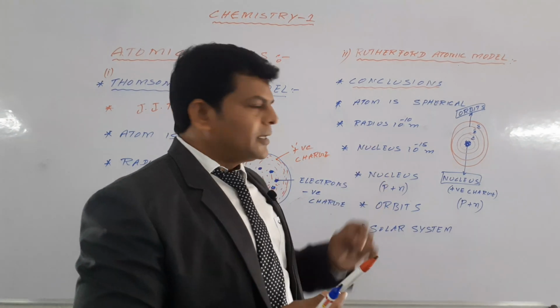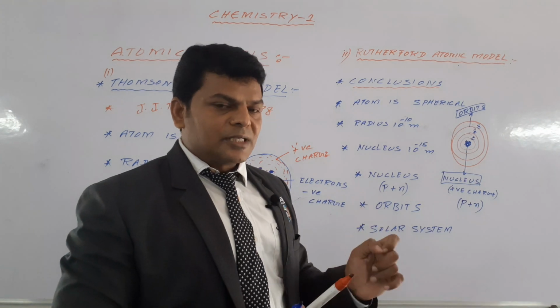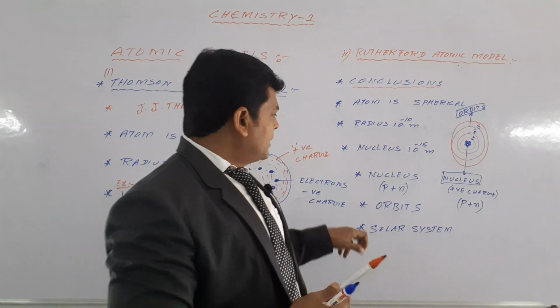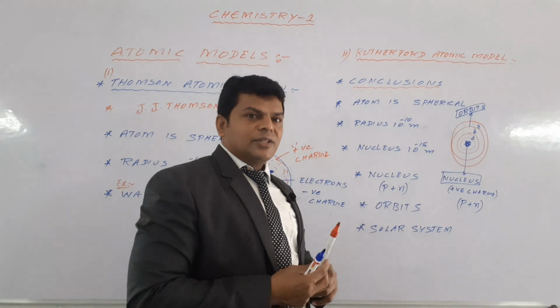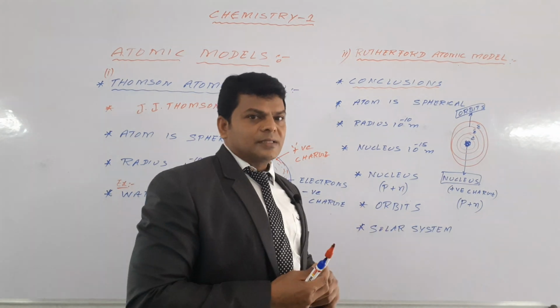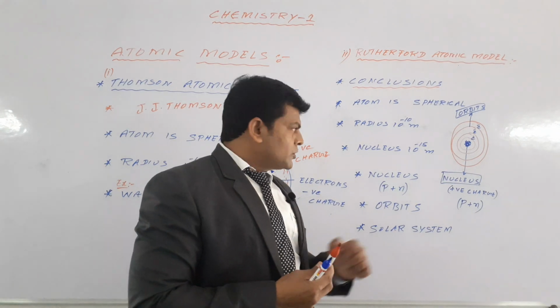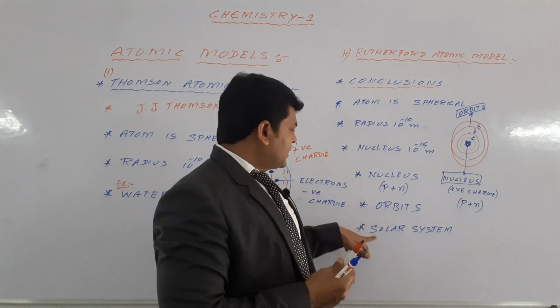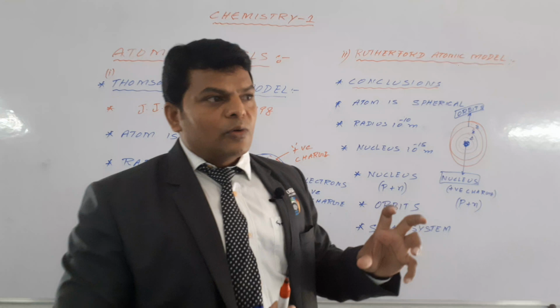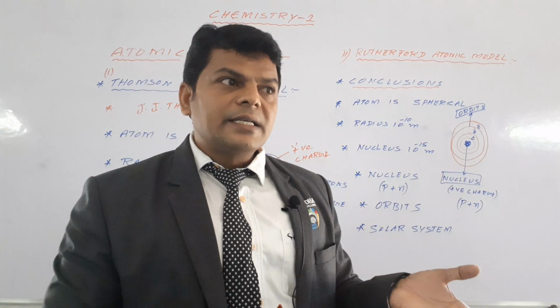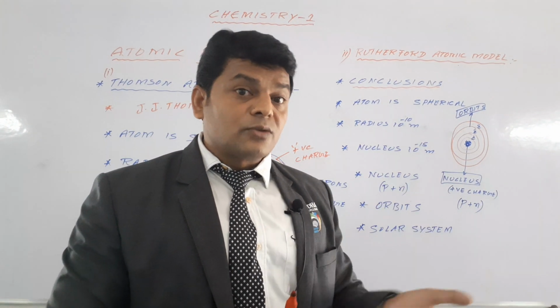The nucleus contains protons plus neutrons. Then electrons revolve around the nucleus in circular paths called orbits, so the orbits are like this.